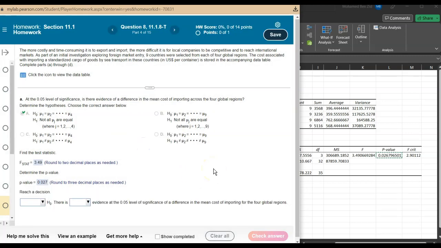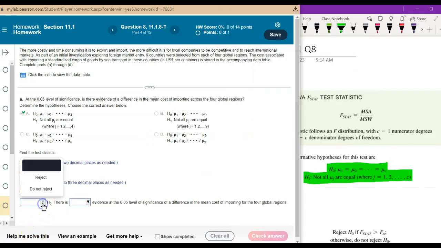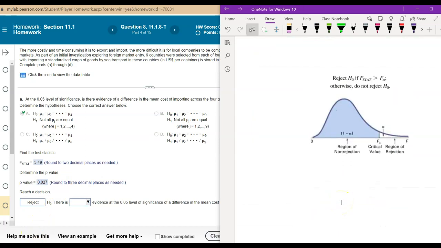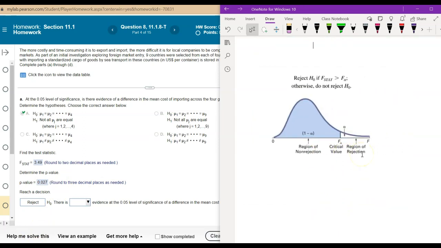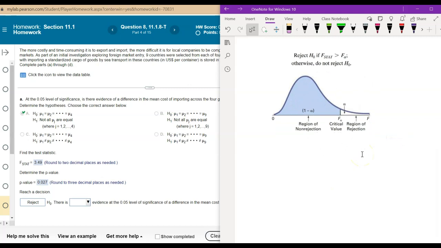Let me go back to my notes. For this one we have the chart here, and what we are comparing is either the F value with the critical value, or the p-value with the alpha value.